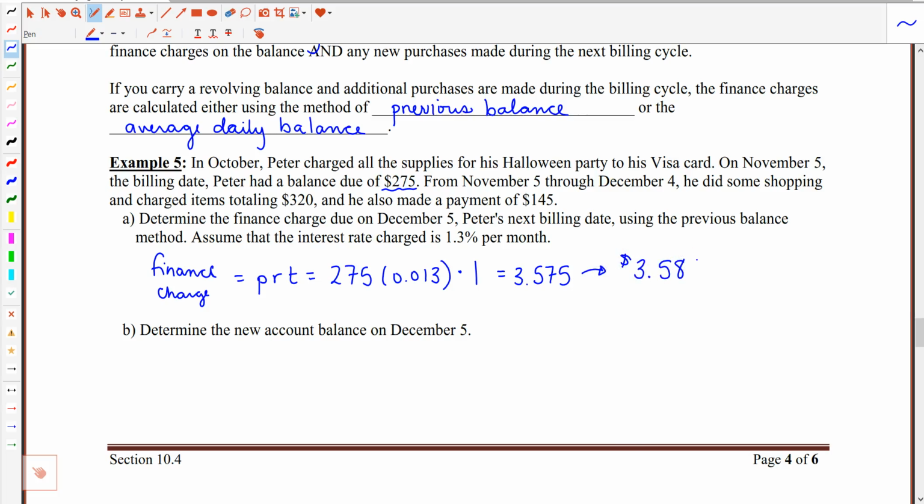So then determine the new account balance on December 5th. Now previously he had owed $275. He purchased $320 worth of stuff. He sent in a payment of $145.